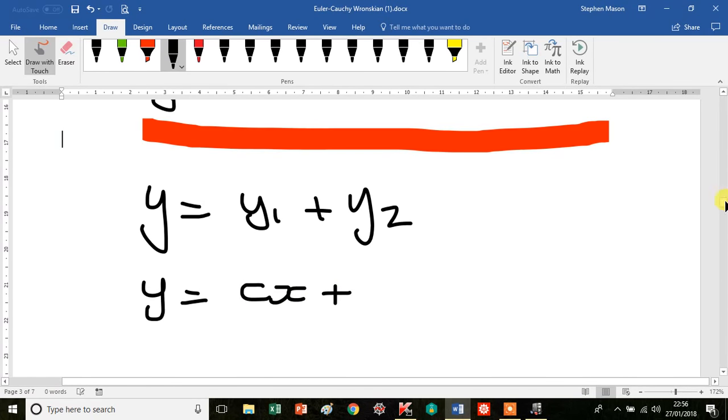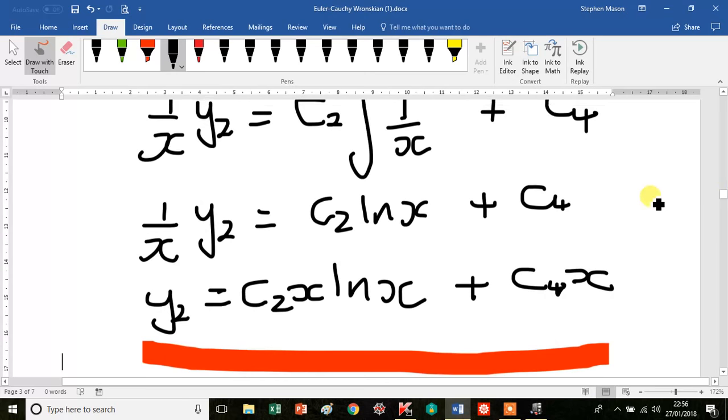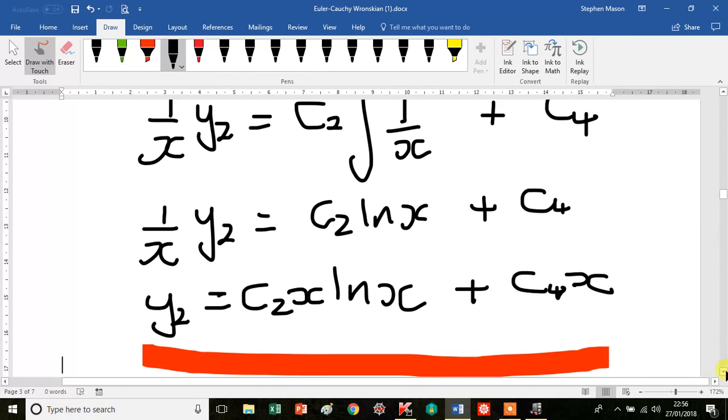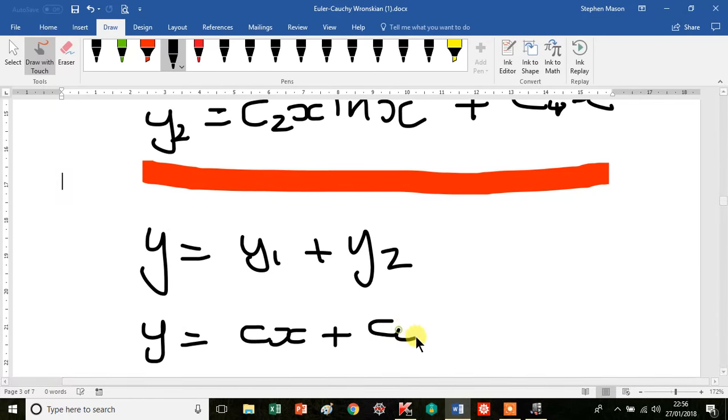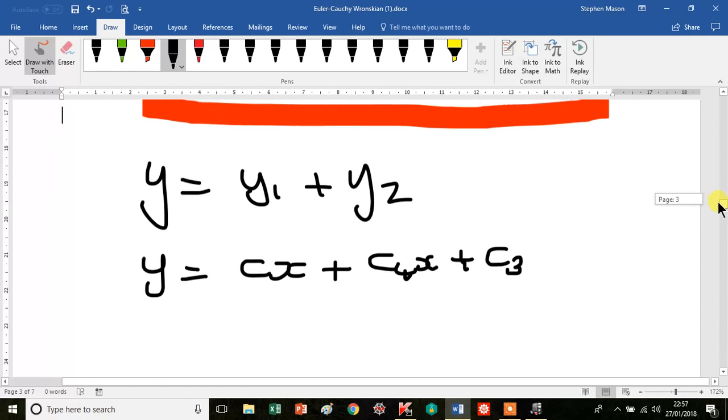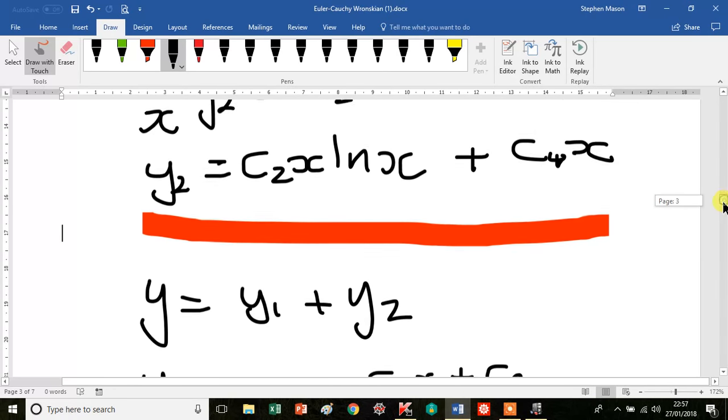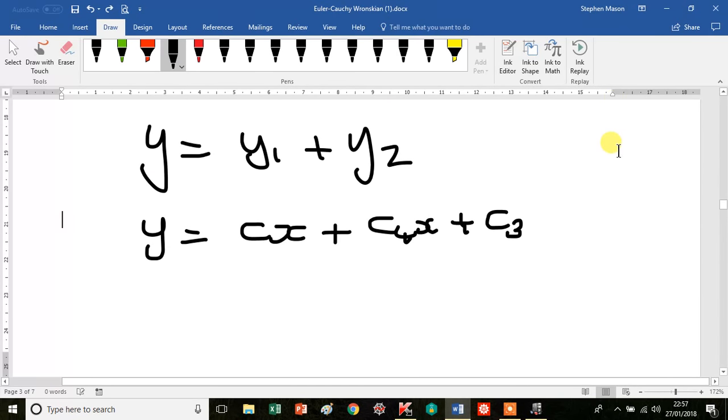plus, and I'm going to write this slightly differently. I'm going to write the c4x first. C4x plus C2 x log x. If I haven't made any mistakes, it doesn't really matter what you call your constants, but obviously it's good to be consistent.